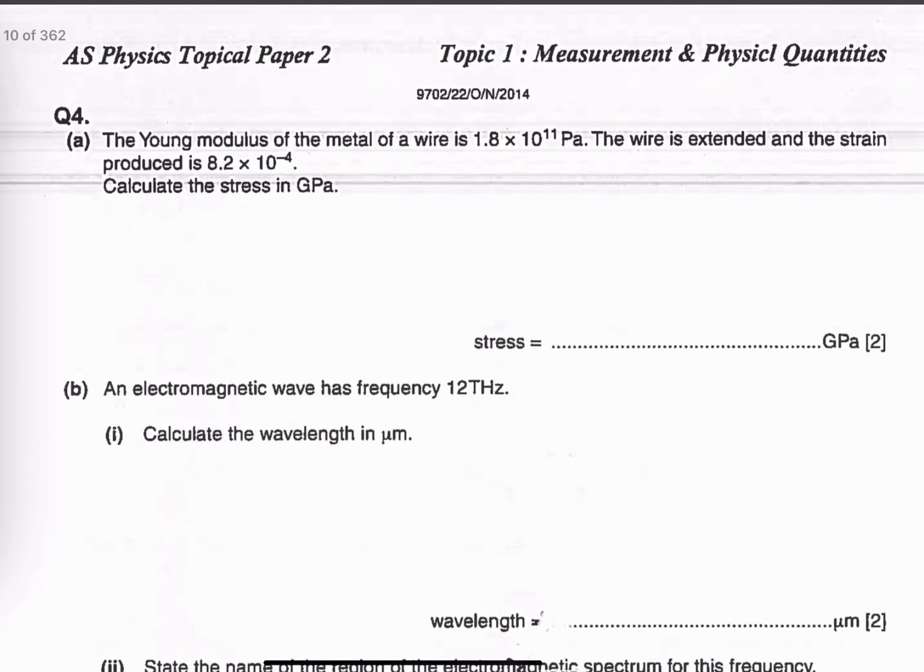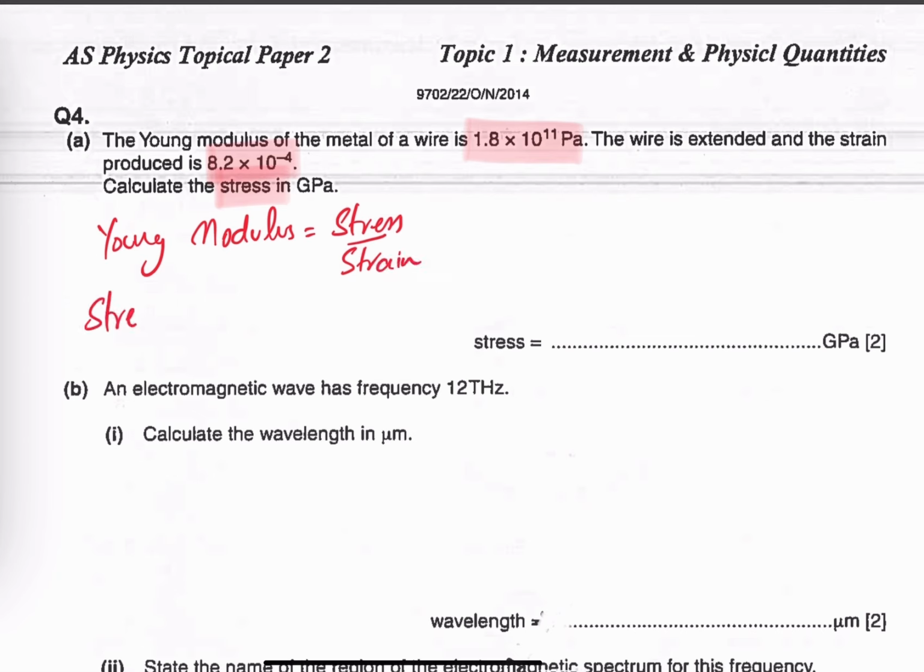In question number 4, the Young modulus of a wire is given. Its value is this. The wire is extended and the strain is this. Calculate the stress. We have to use the relation of Young modulus. Young modulus is equal to stress divided by strain, so stress is equal to Young modulus multiplied by strain.